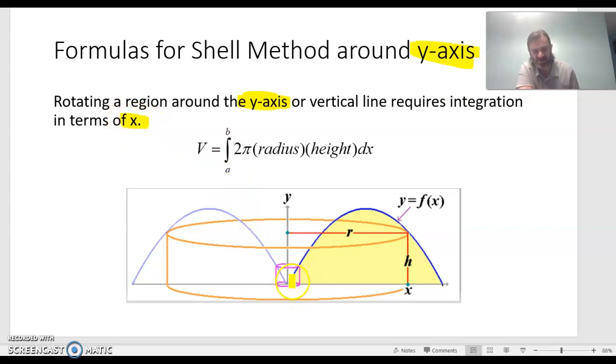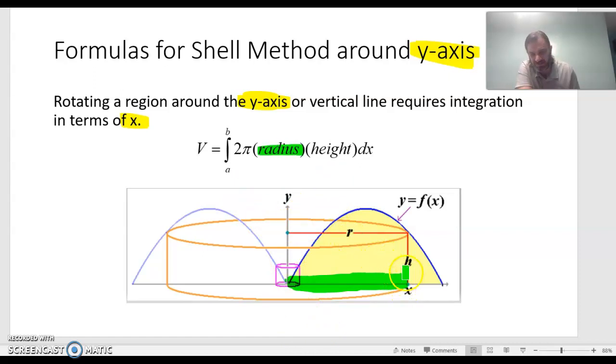The reason being, around this y-axis, the radius will come out to some point, and we can pick that point. Usually that radius will be x in a lot of cases, or y depending on the axis of rotation. Usually it'll be the opposite of the axis we rotate about.